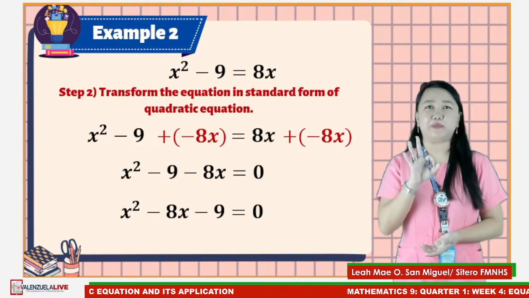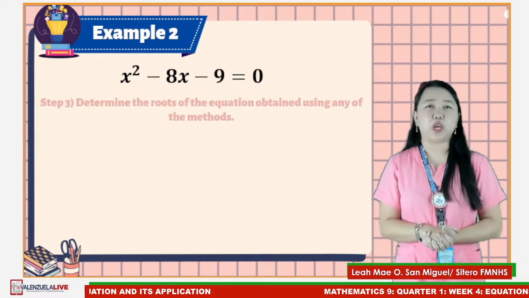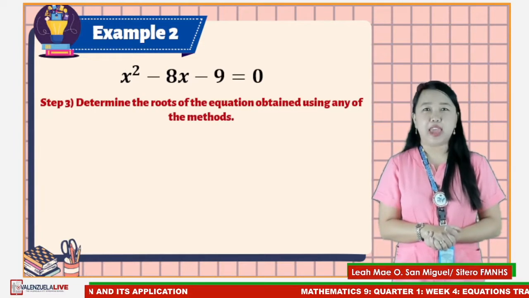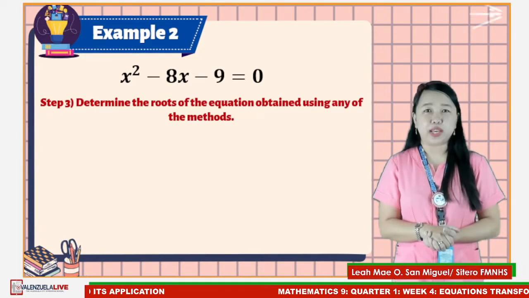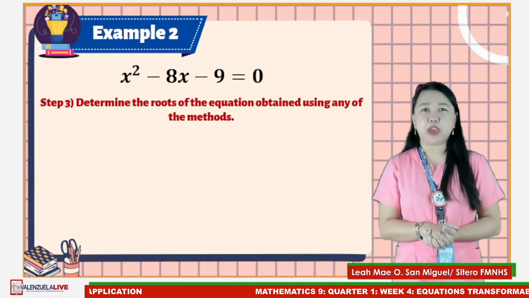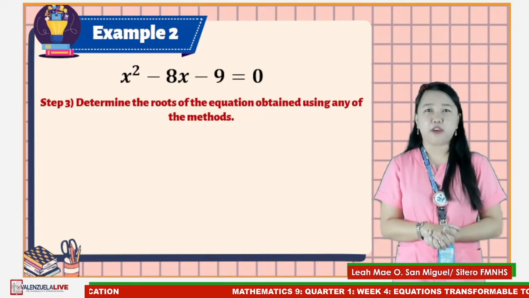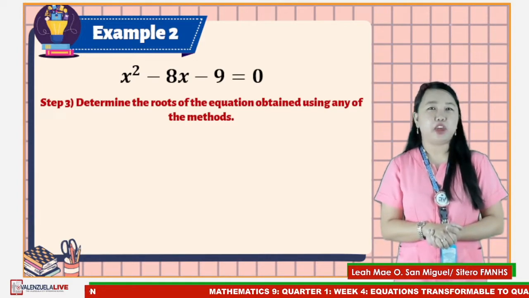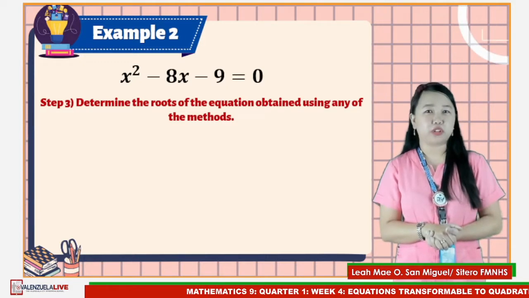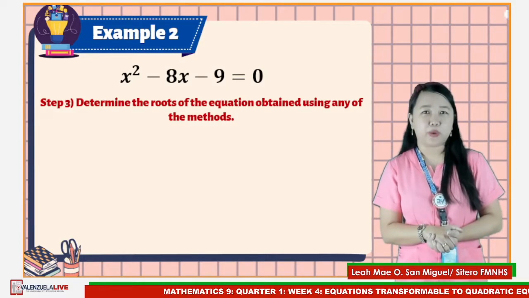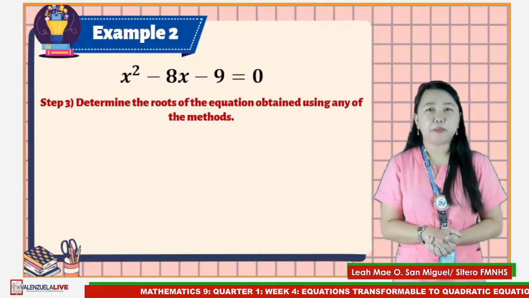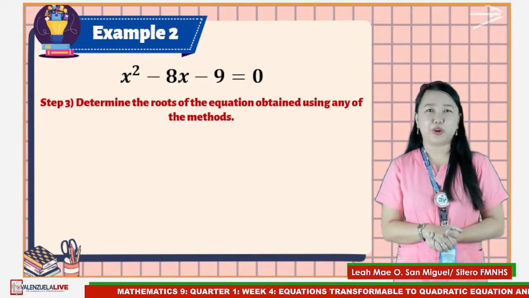Step 3. Determine the roots of the equation obtained using any of the methods. With this example, the best method we can use is factoring. Therefore, what are the factors of the equation x squared minus 8x minus 9 is equal to 0?